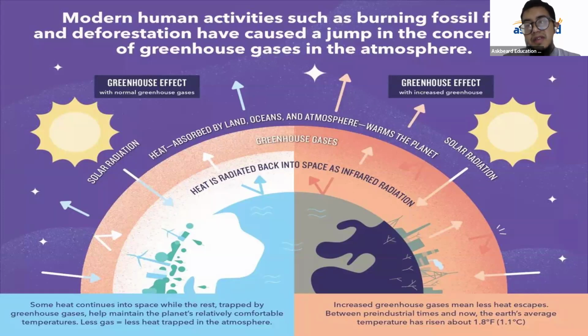So the global warming is caused by two causes. The first is land cover change from vegetation to non-vegetation. The second is too many greenhouse gas emissions in our atmosphere.